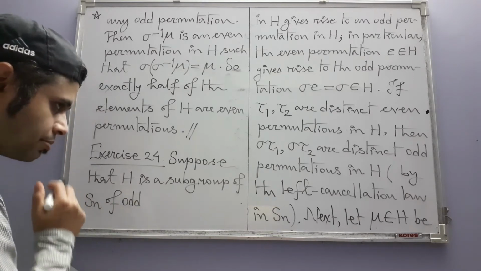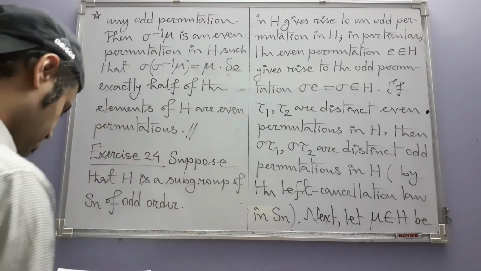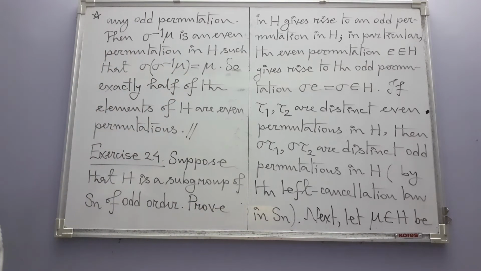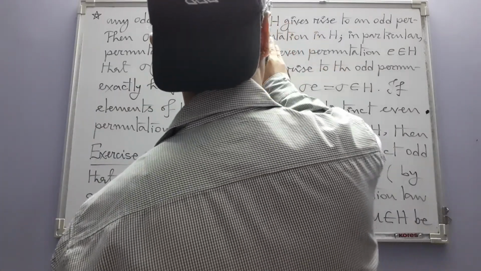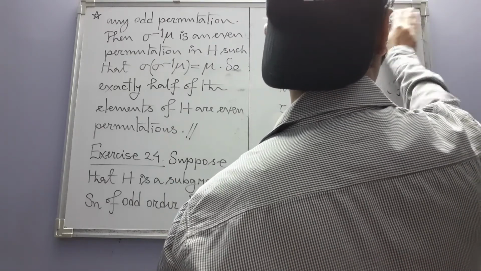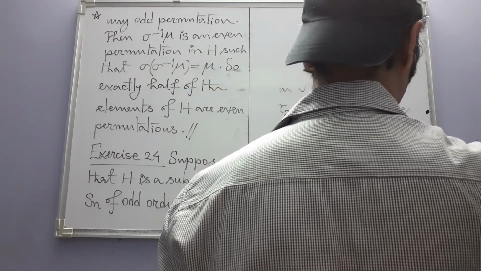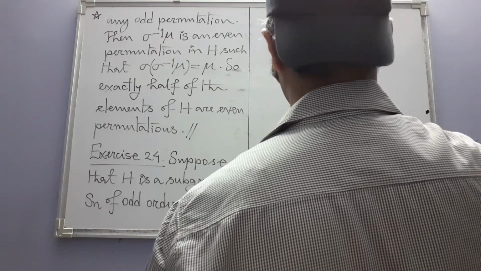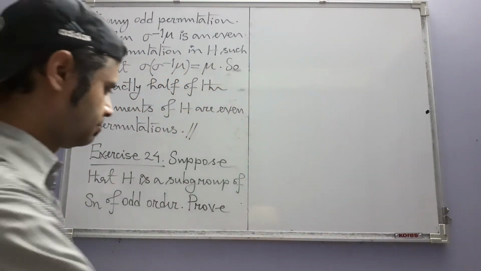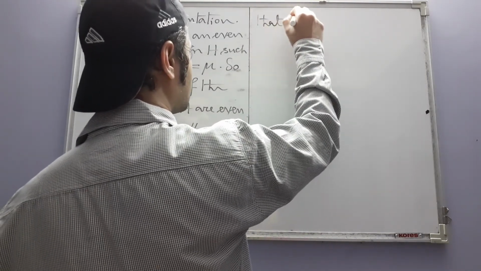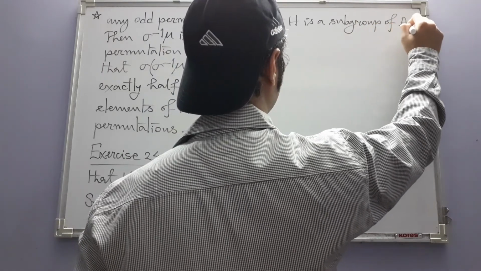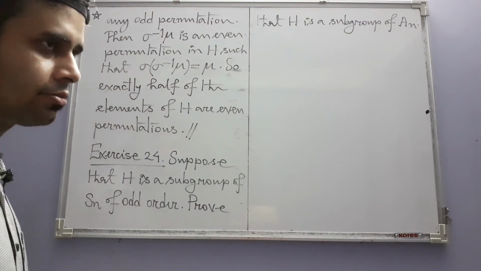There are an odd number of elements in H. Prove that H is a subgroup of the alternating group An consisting of all the even permutations of Sn.